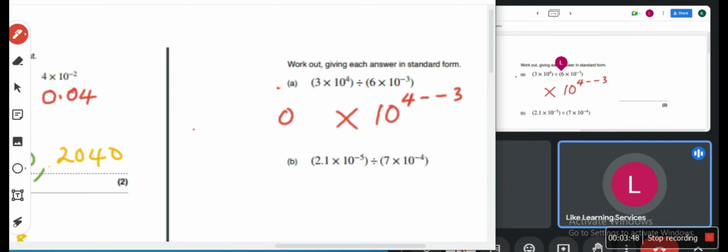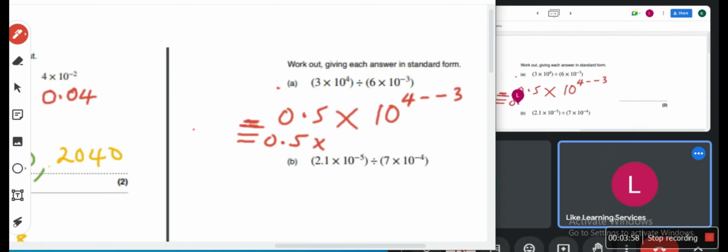So we have 0.5 times 10 raised to the power 7. So what would be the final answer? 5 million. Or what will it be in standard form? Write your answer in standard form.